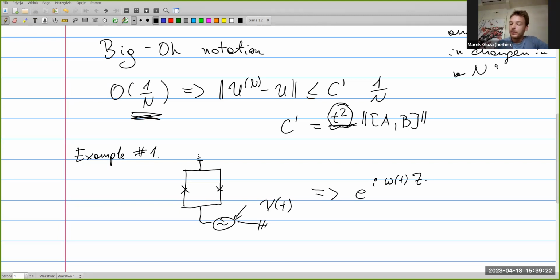So in my case, my operator A would be Omega of t times Z. That would be just to give you a sketch of what would be happening.